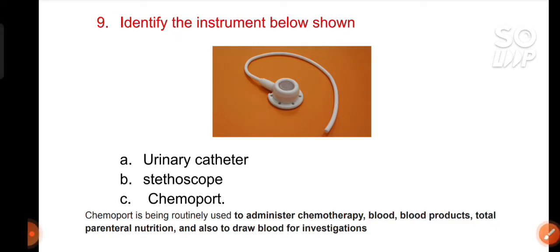For chemotherapy patients, through this chemoport we can give parenteral nutrition, nothing but IV fluids, administer medications, and collect blood for investigations. Please remember this.